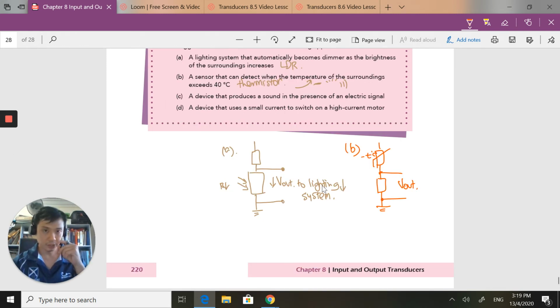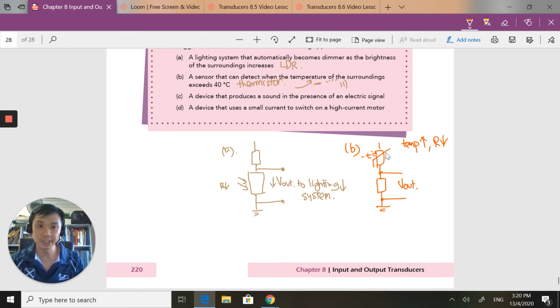Okay, so this is what I've come up with. This is how I want to do it. I'm going to put my thermistor, I'm going to use an NTC, and I'm going to use a voltage divider system here. Because this is an NTC, when the temperature increases, the resistance decreases.